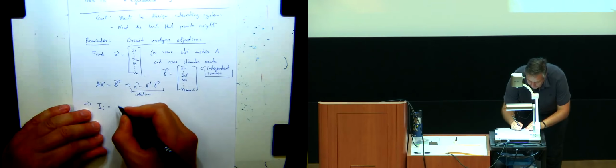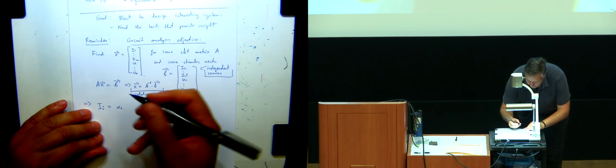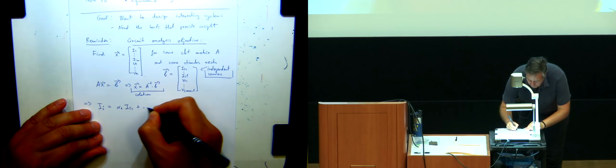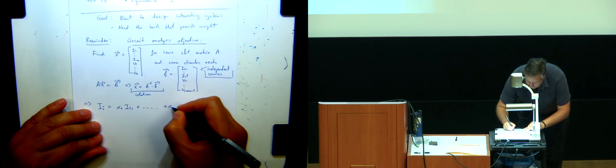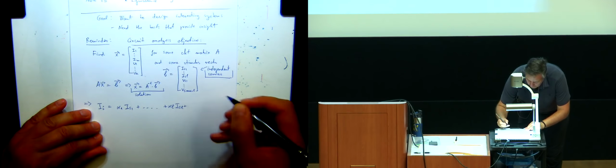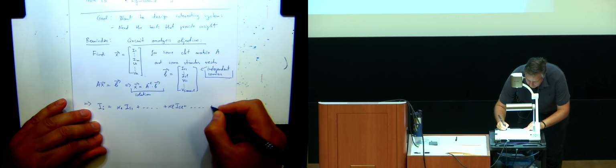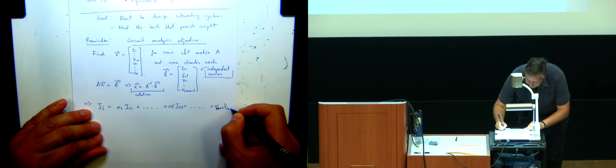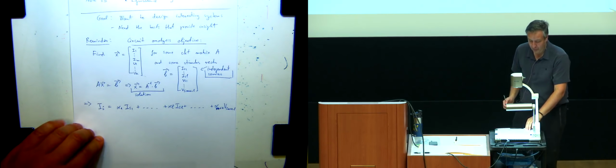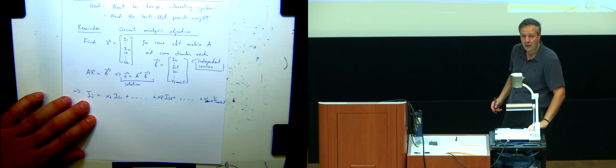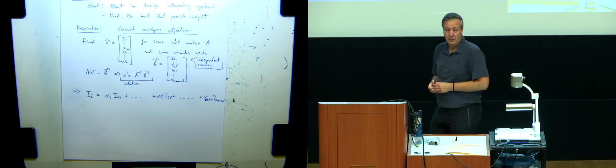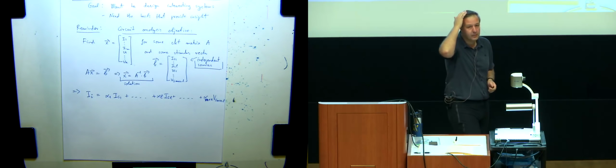We'll just write it out as alpha 1 Is1 plus alpha L IsL plus and so on, alpha M plus K times VsM plus K minus L. So Ii is just a linear combination of all the sources in the circuit.